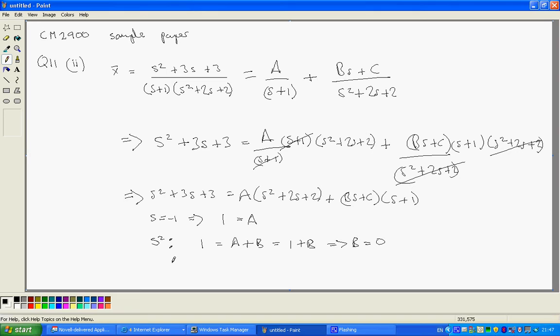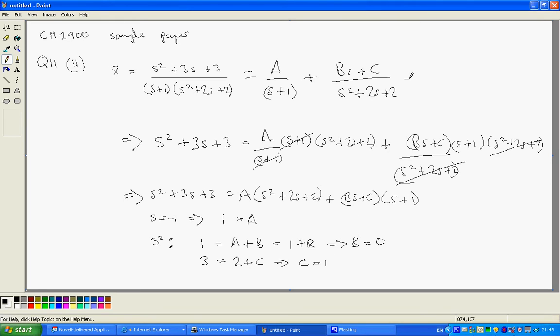Then to find C, we could pick constant terms. So 3 is our constant on the left hand side, must be equal to the sum of the constants on the right hand side, and we have A times 2, well A is 1, so it's 1 times 2, which is 2, and here we have C times 1, which is C, so 3 equals 2 plus C, then C must be equal to 1.